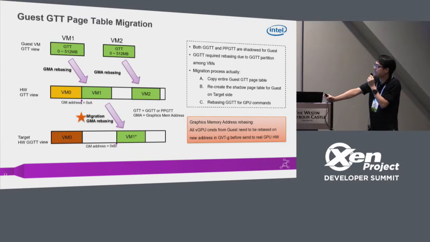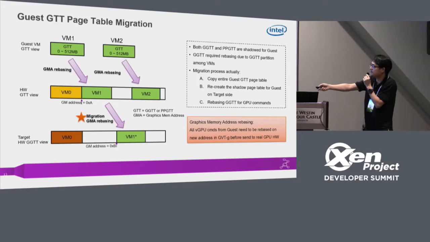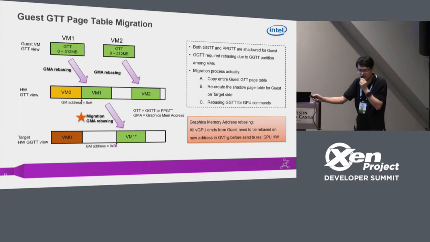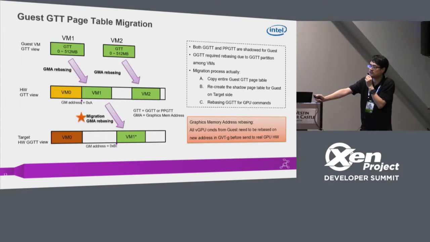So here, VM1's graphic memory range starting from 0 is rebased to graphic address A. Here comes the problem: for every GPU command provided by the drivers, before it is submitted to the hardware, we need to do the rebasing.